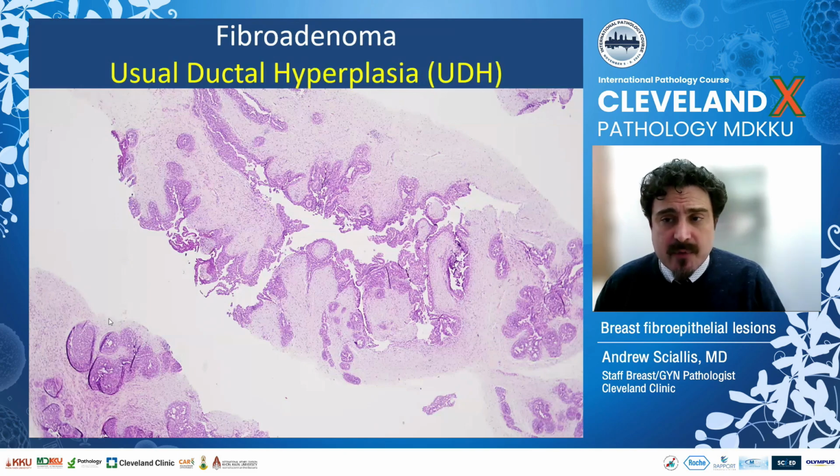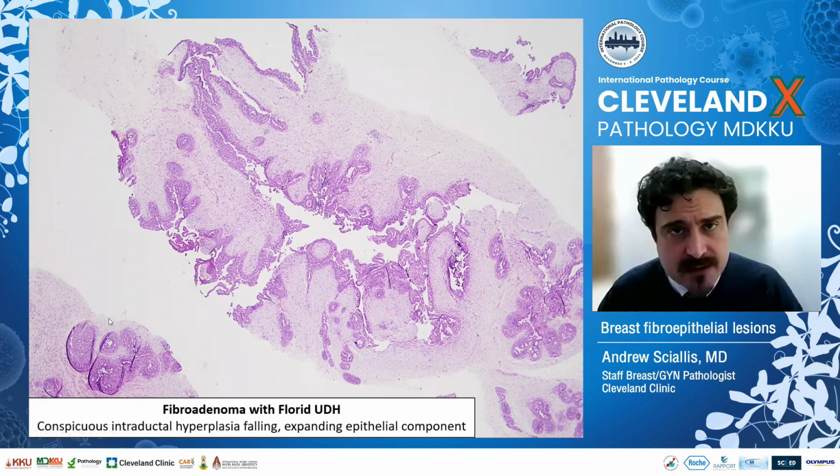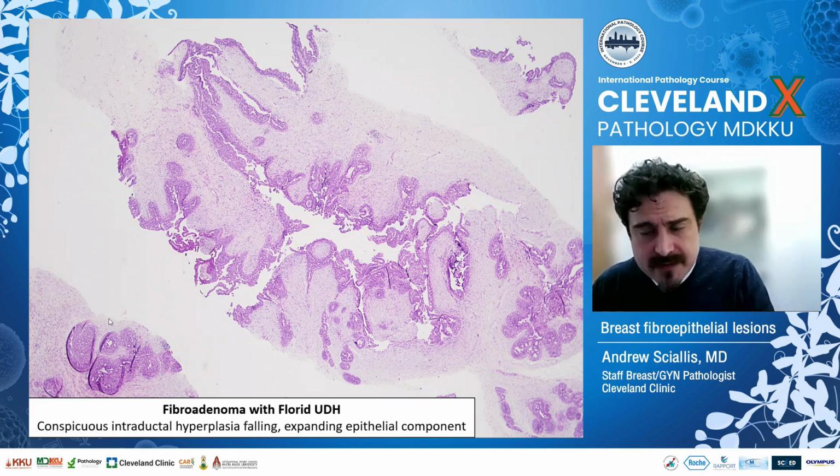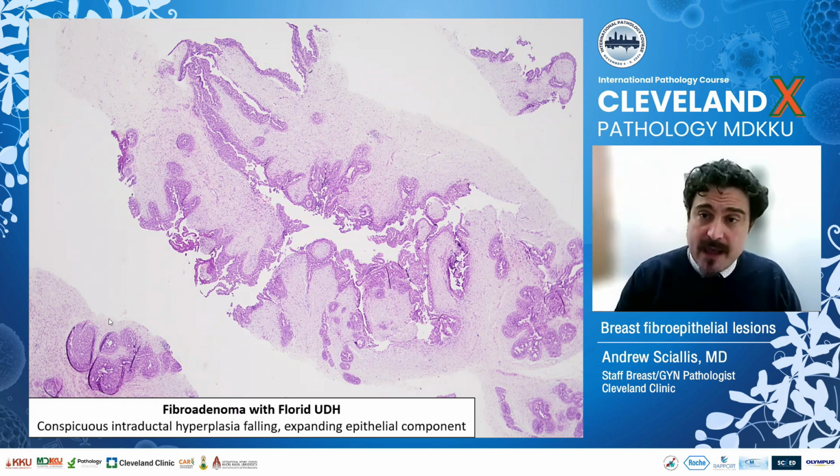So here's an example of a fibroadenoma with very florid usual ductal hyperplasia to the point where it's expanding the stromal component. Usually in a lot of these benign intraductal hyperplasias, like usual ductal hyperplasia, they tend to be almost seen in a lot of fibroadenomas in younger patients.